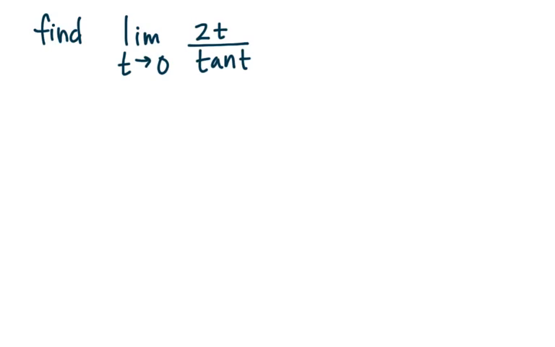In this example, we're going to find the limit as t approaches 0 of 2t divided by tan t. And what we want to make sure that we remember, what we defined on the last page, is we're going to say that the limit, as I'm going to use t instead of theta, as t approaches 0, sine t over t equals 1.